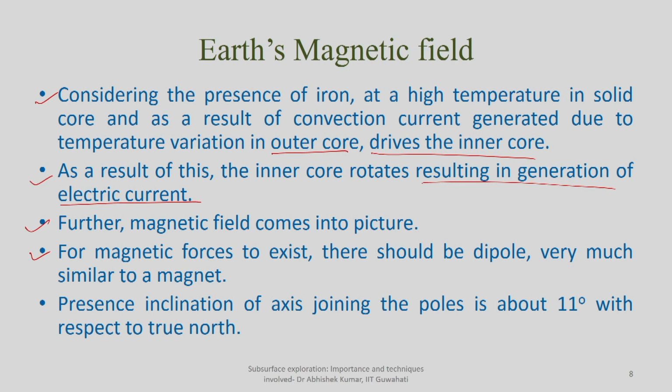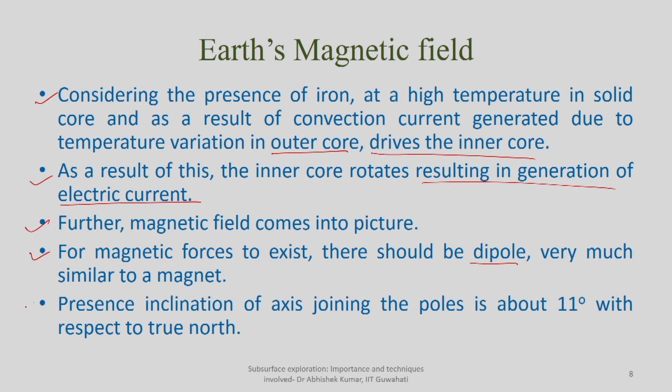If you see a magnet, and if you bring any material which is reactive to this magnet, which gets oriented to magnetic north and south pole, it should have some kind of dipole characteristics. So even our earth has dipole characteristics. You are having a magnetic north and a magnetic south.